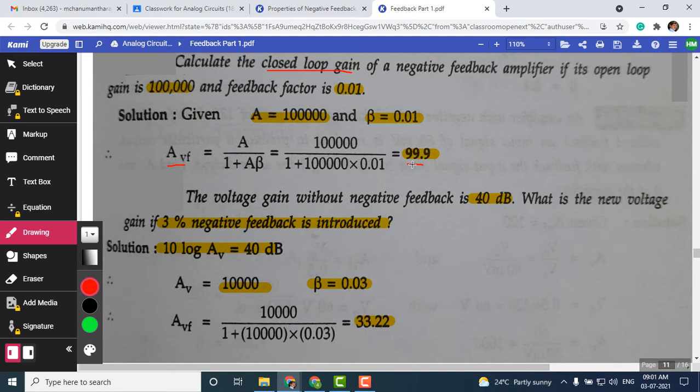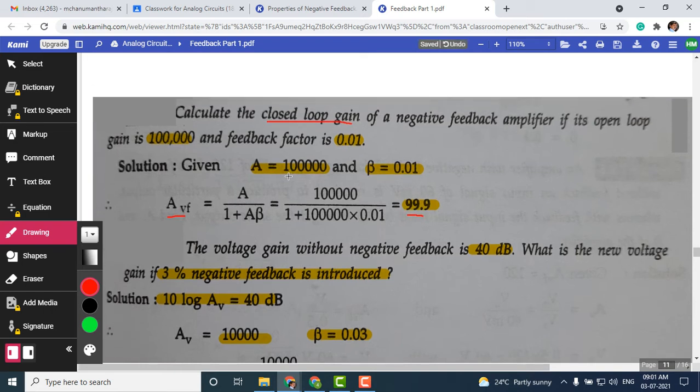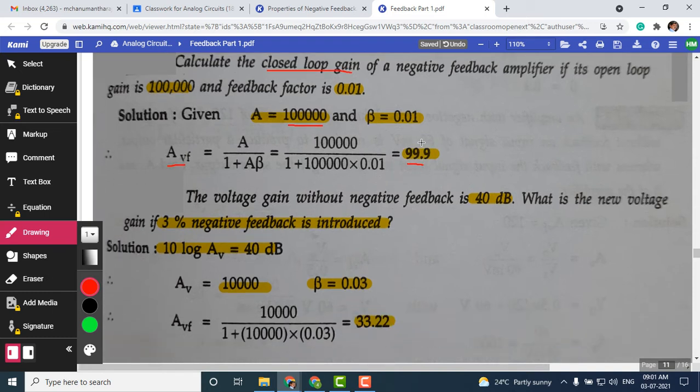Now you can see the gain without feedback is 100,000, and the gain with feedback is 99.99. See the amount of gain reduced, from 100,000 all the way to 99.99. So this clears that the gain with feedback is reduced when we compare it to the gain without feedback.